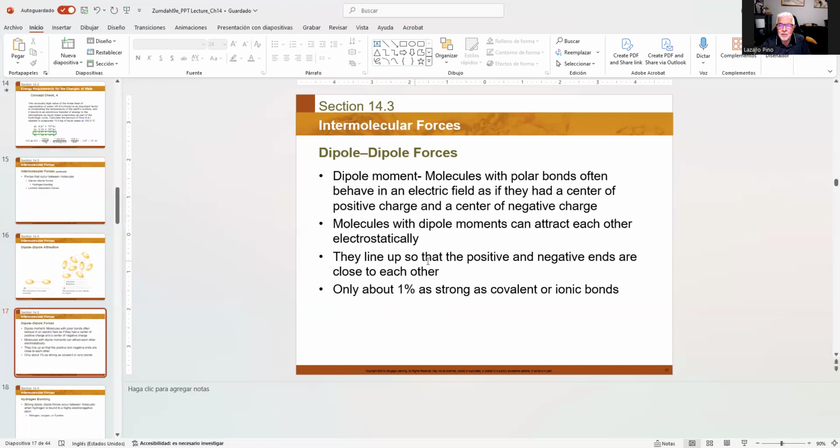They line up so that the positive and negative ends are close to each other, only about 1% as strong as covalent or ionic bonds. Then, as you can see, the dipole forces are very, very weak in comparison with the strength of covalent or ionic bonds.